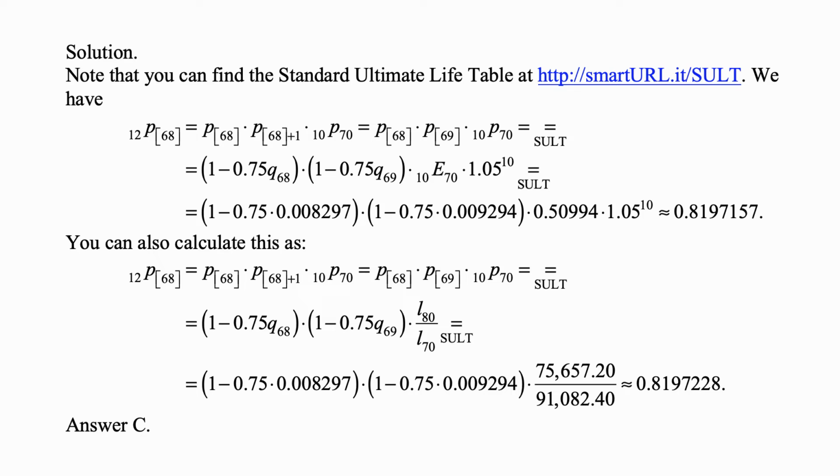And then this next step, you need to think about it a bit. Why did I write that probability of life selected at age 68 a year later is the same as probability of survival for life selected at age 69? Because the probability of survival throughout the select period is just the mortality rate.